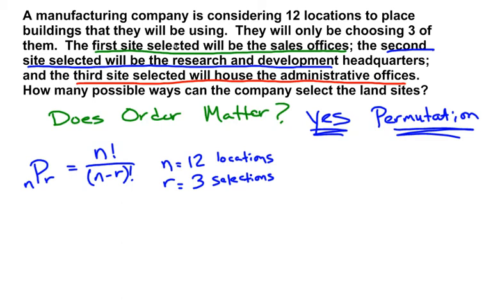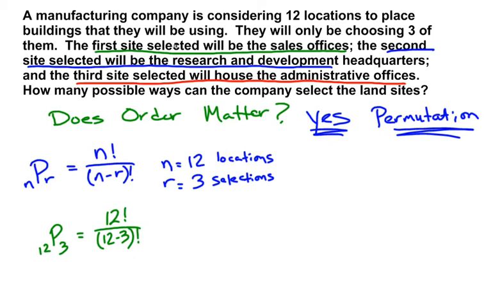So that said, let's go ahead and use these numbers in the formula. So we know that 12 items total, and we're selecting 3. Let me rewrite that. Would be 12 factorial divided by 12 minus 3 factorial. Now, factorials we've talked about a little bit in class. Remember what factorial means.